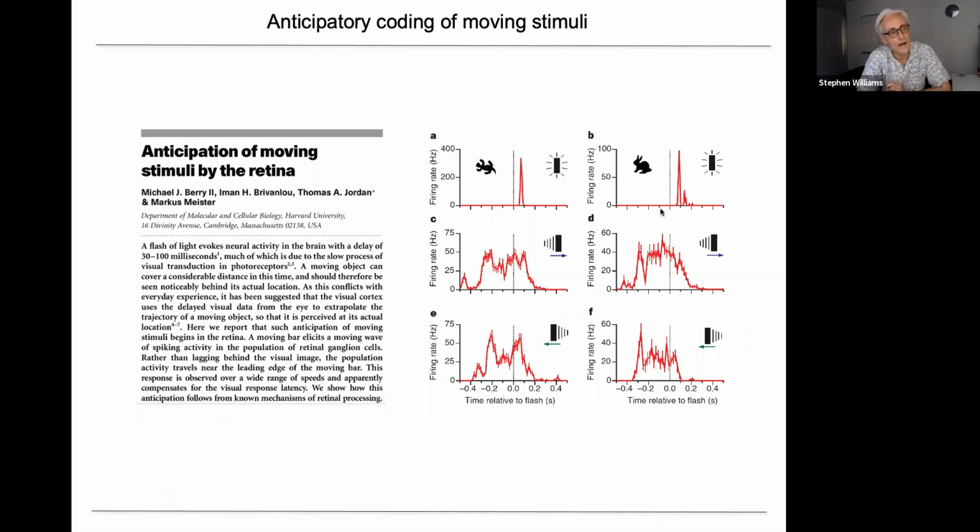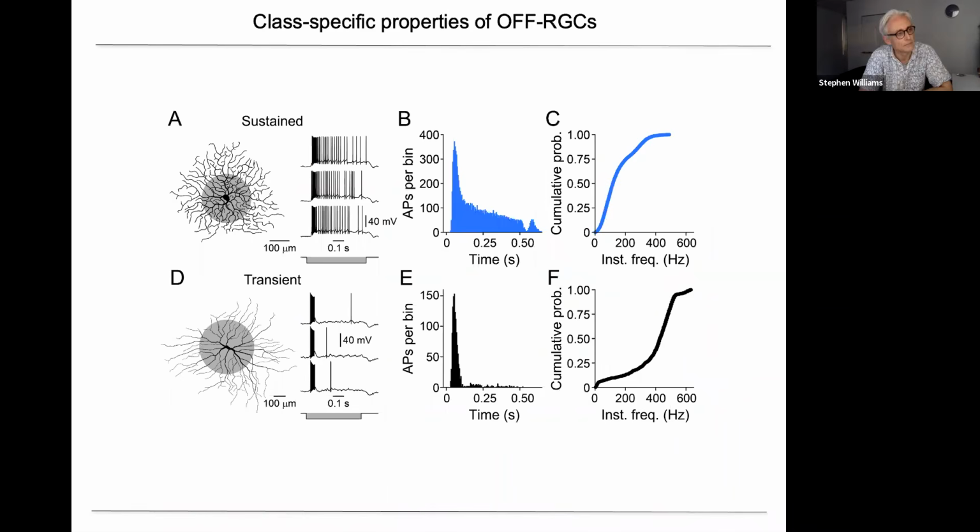Instead of occurring after the offset of the stimulus, they tended to precede the stimulus relative to the flash. So one, they're motion sensitive, and two, they seem to demonstrate some forms of anticipatory coding.